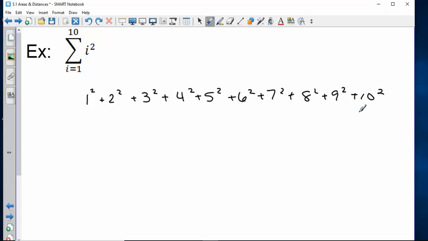Okay, so this is what's called expanded notation. I just wrote out what it meant. And then if I actually wanted you to add that up, you could go to your calculator. And we get a sum of 385.